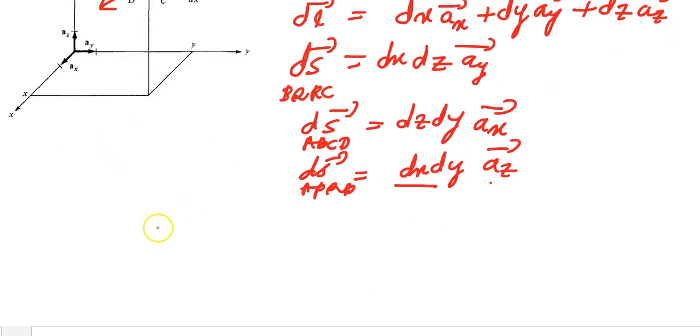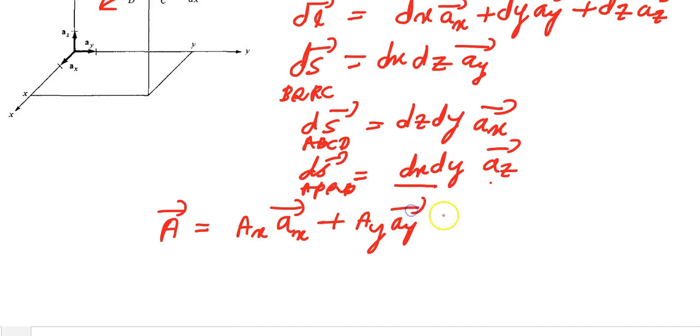Any vector in Cartesian coordinate systems can be represented by Ax, the component of the vector along the x-axis, times the unit vector along the x-axis, plus the component of the vector along the y-axis, plus the component of the vector along the z-axis, Az, and small az.